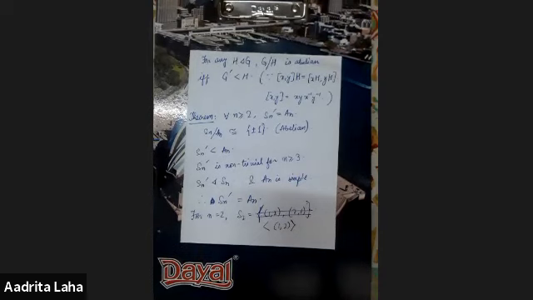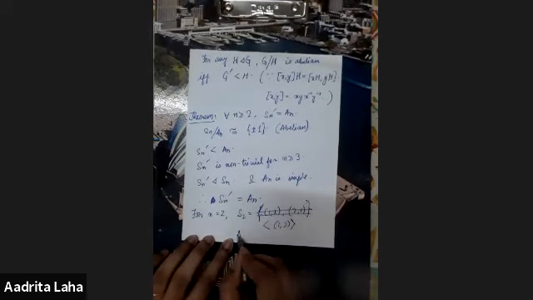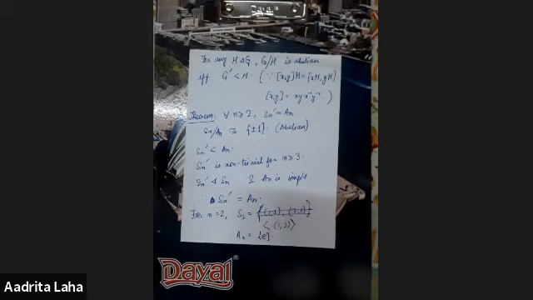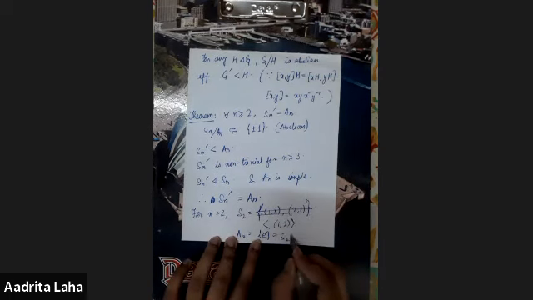The subgroup A2 is equal to the identity, and since S2 is abelian, S2 prime is also the identity element. So S2 prime is identity because S2 is abelian, and hence A2 is equal to S2 prime.